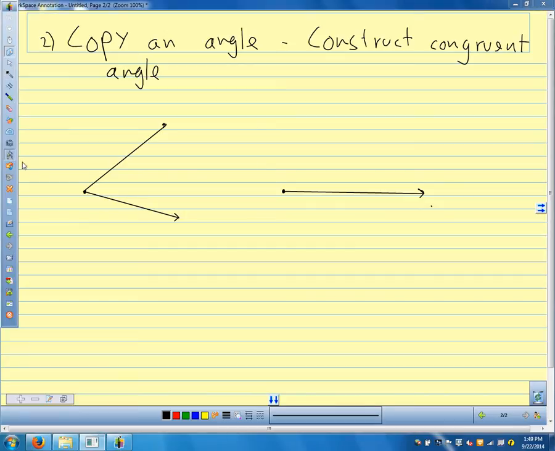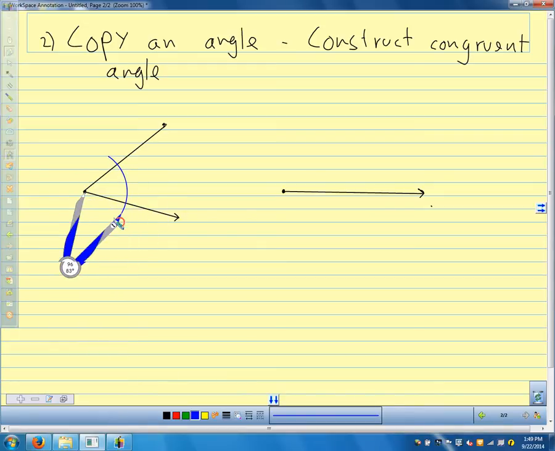Now I'm going to take my compass and set it on the vertex of the angle I want to copy, and make an arc through both sides. Doesn't matter how big it is, it just needs to go through both sides. We'll set our point on the vertex there and make an arc through both sides of this angle.